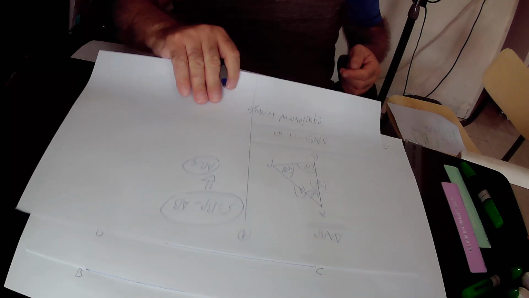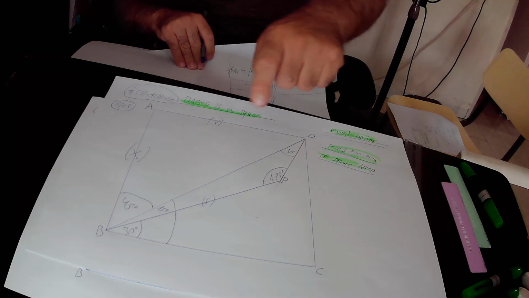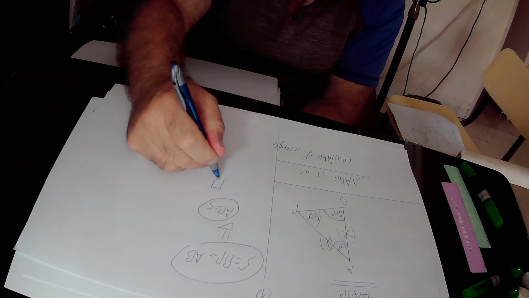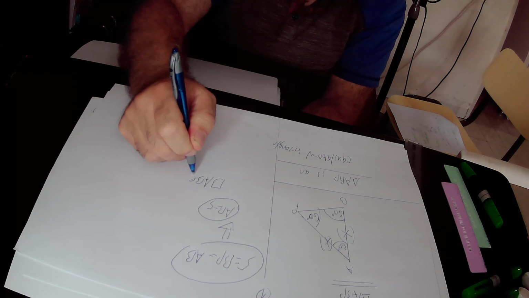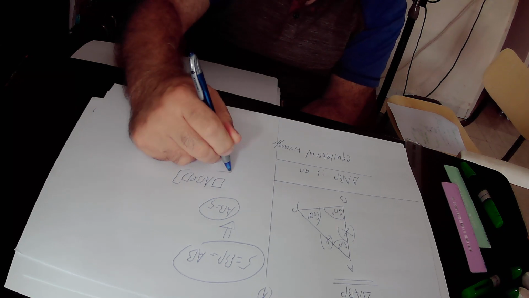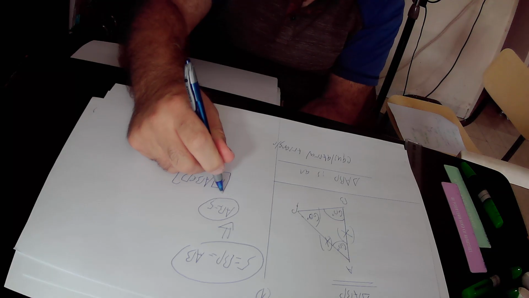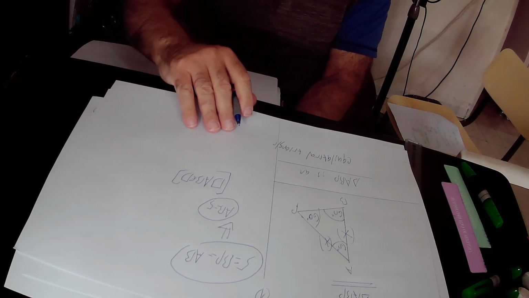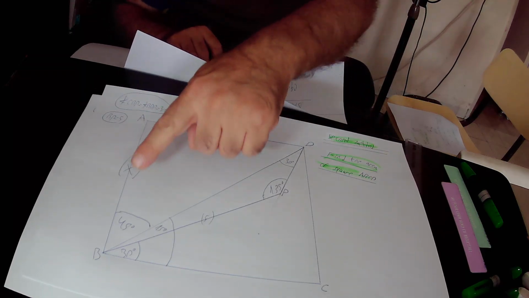Our task is to find the area of this square ABCD. Actually, we know that the area of any square equals the length of one side squared. So it is AB squared.